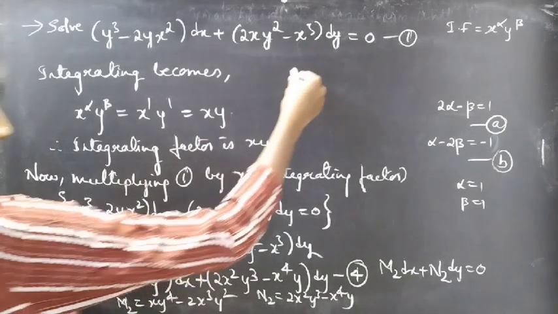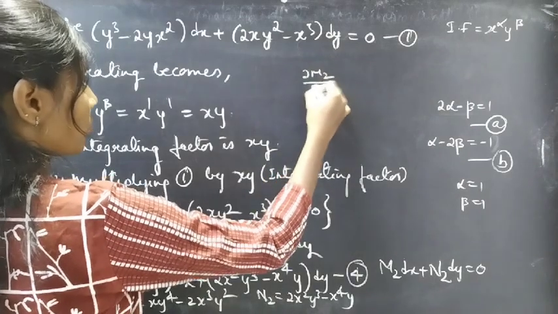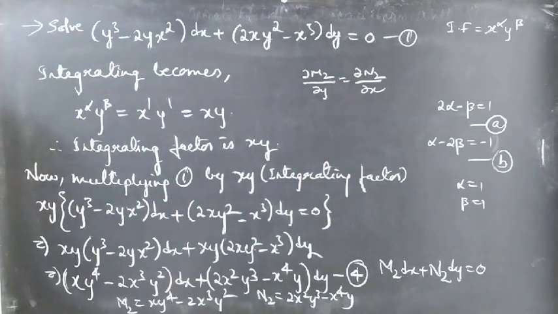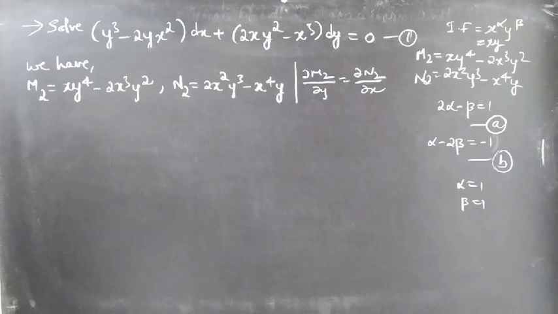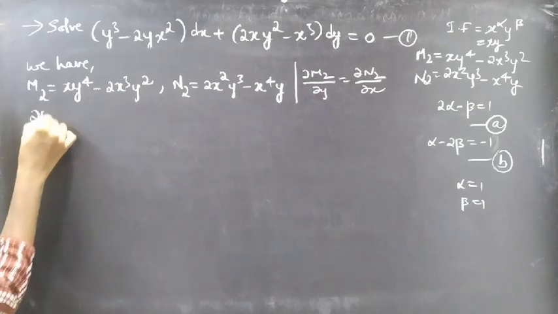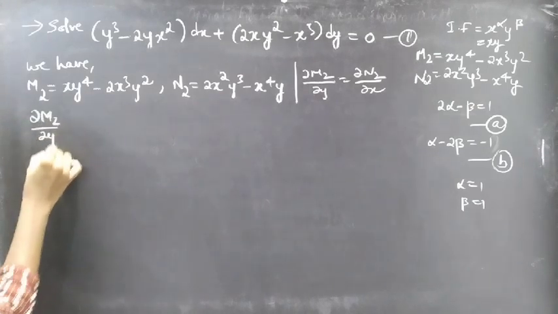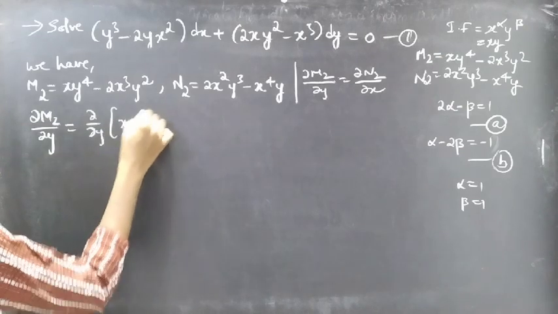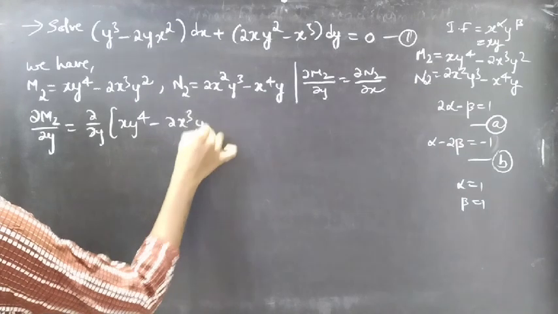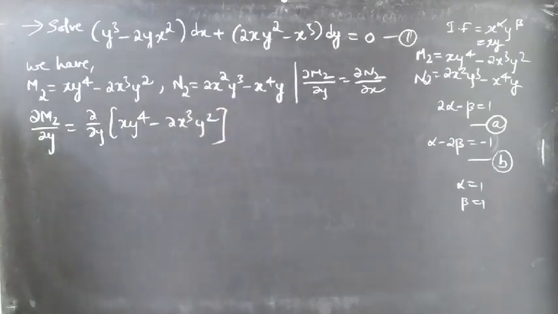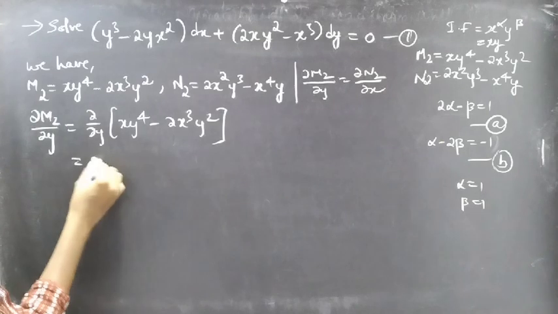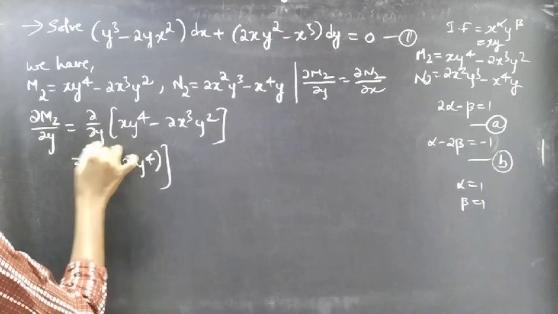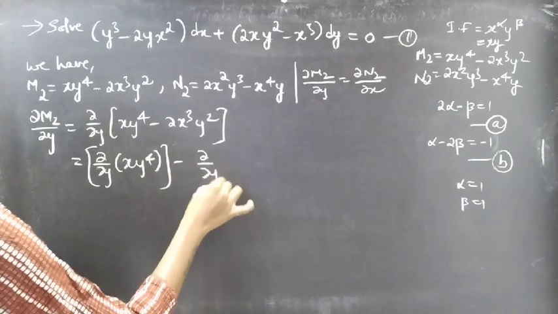Equation 4 is exact if partial derivative of M2 with respect to y equals partial derivative of N2 with respect to x. Let's check that now. Partial derivative of M2 with respect to y equals dou by dou y of xy power 4 minus 2x cube y square. Since it's a partial derivative with respect to y, x is treated as constant. We can write this as dou by dou y of the first term minus dou by dou y of the second term.